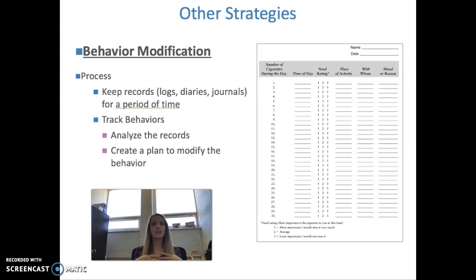Let's say they smoke 12 cigarettes a day. Then asking the individual which of those cigarettes was the most important to you. Was it the one when they first woke up in the morning? What about the one following dinner time or on their drive home from work, right? And assessing that behavior and starting to piece the puzzles together of why they're making these behavior choices, right? So keeping a process log, a record of these behaviors is a great strategy.